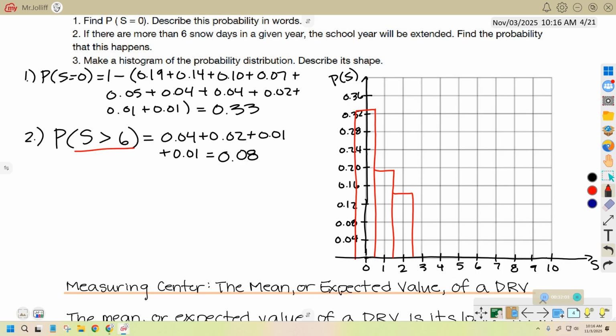Next one is 10. Four snow days is 7. Five snow days is 4. 6 snow days is also 4.